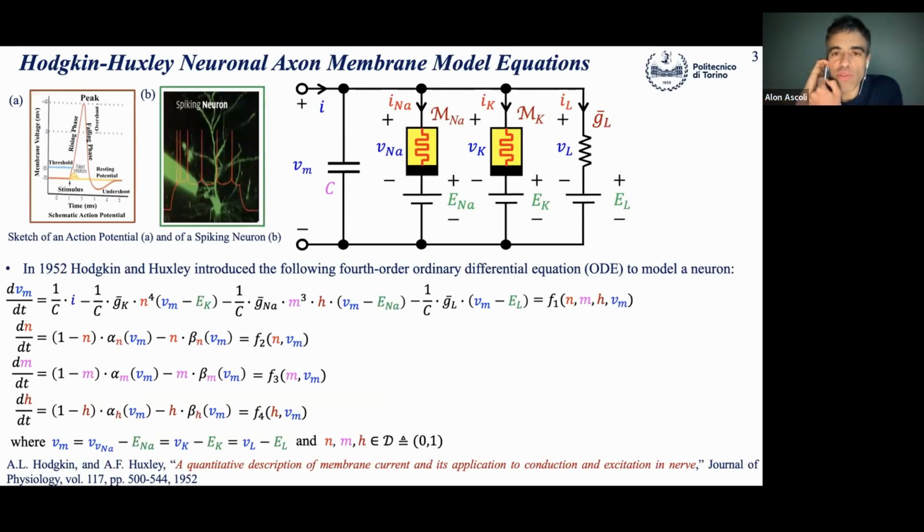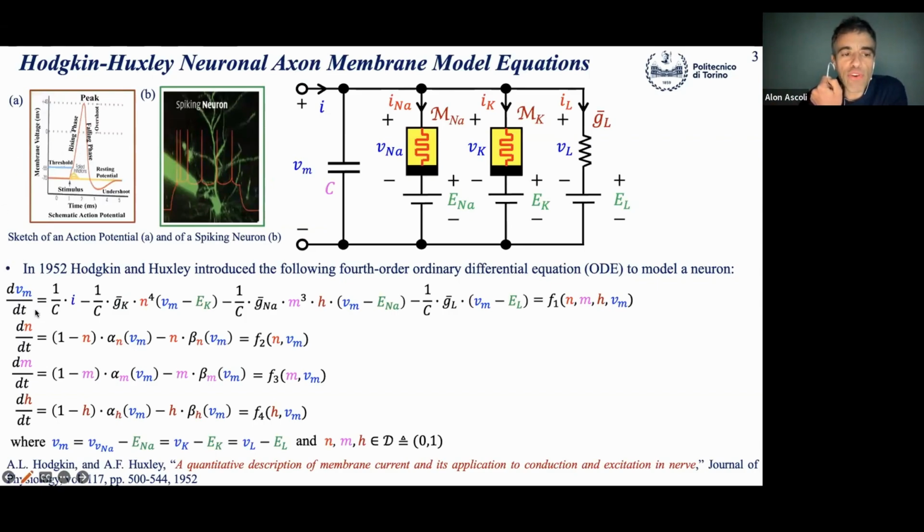People prefer, of course, to use a much simpler model in order to have networks with a large number of neurons to make computation in a very efficient form. However, in terms of modeling biology, this model is of course more realistic.